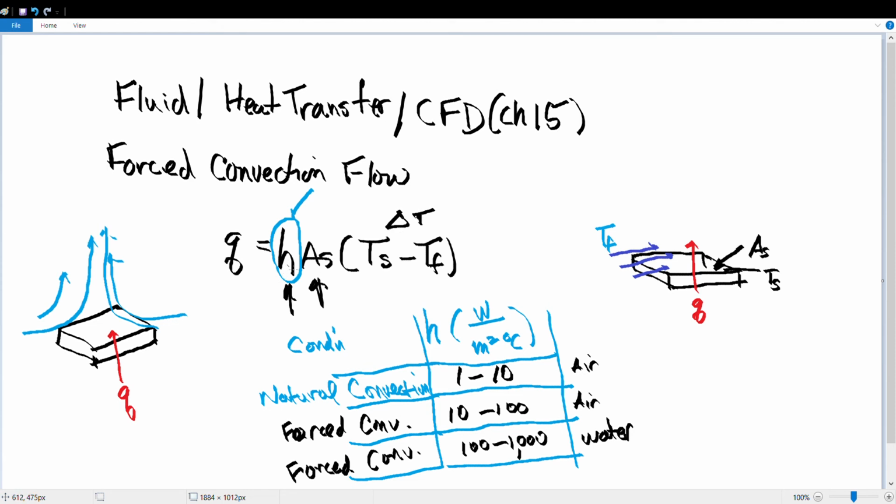So we know that the heat removal is linearly proportional to the heat transfer coefficient, the area, and the change of temperature between this hot surface and the cold air. Okay, so again, what you need to remember is this equation here.